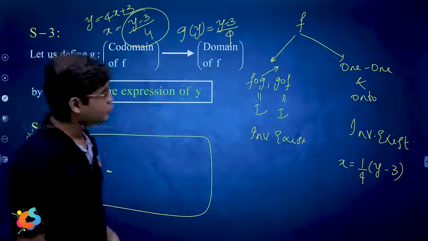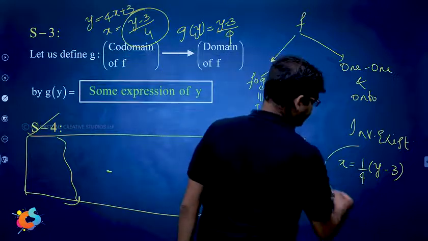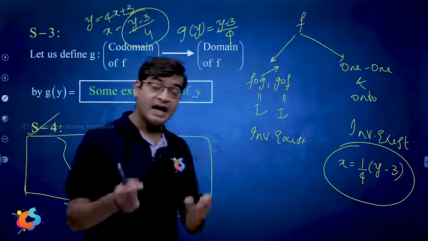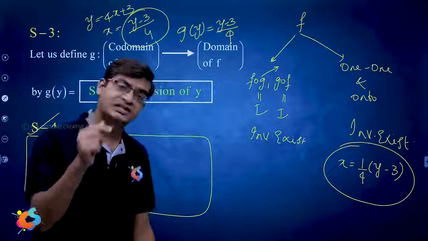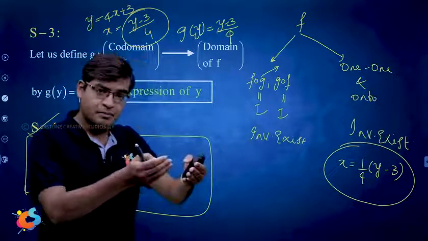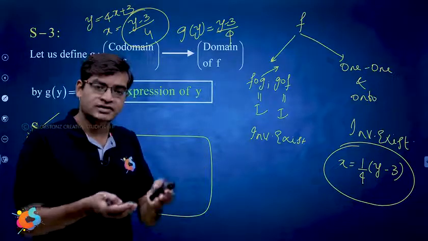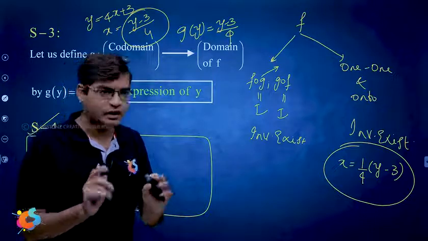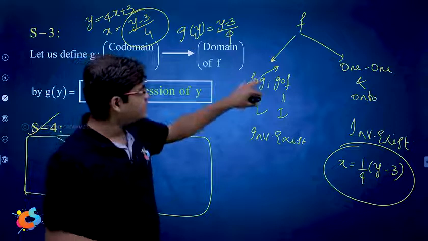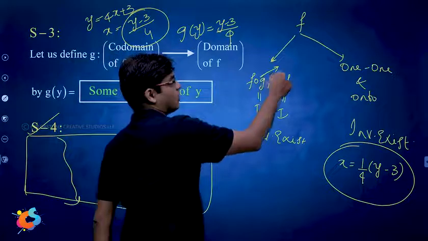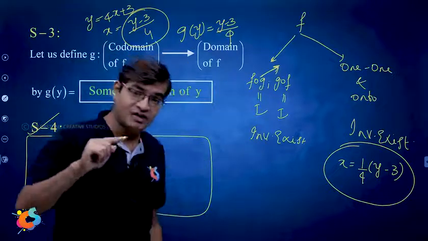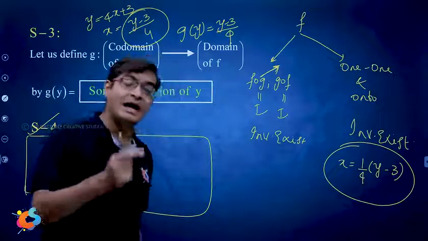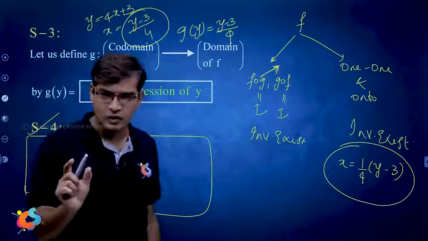Basically what I wanted to say is, we have the answer, that is the inverse function, in step 2 itself. In steps 3, 4, 5, we are just seeing if that is the inverse function or not. That's all. So in boards format, whether this is the inverse function or not is checked by finding the composite function and seeing if it is identity function or not.